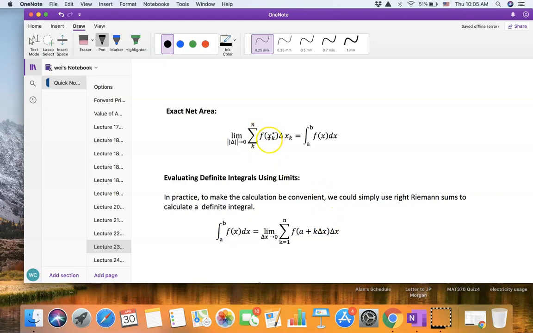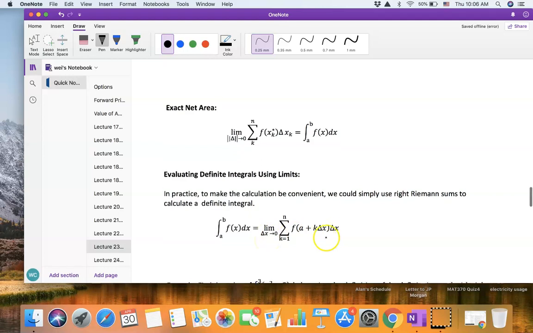So here the xk star is the right endpoint on each subinterval, and all the delta xk will not be the same.